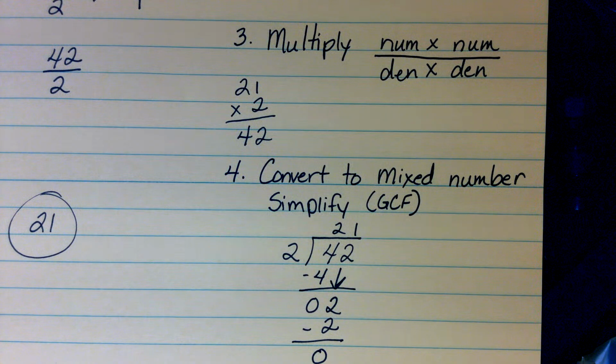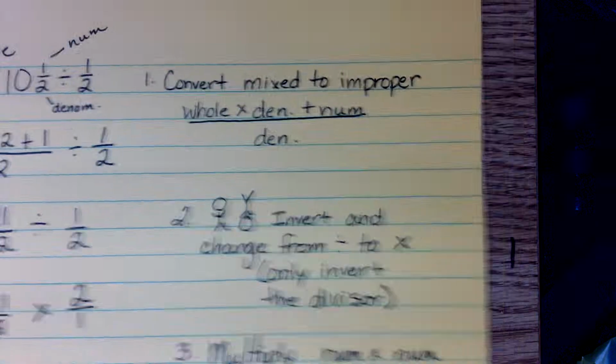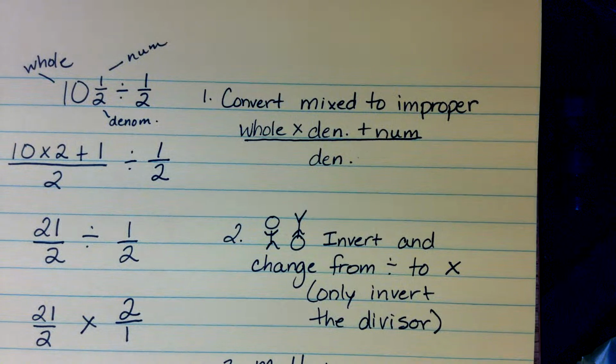So what happens if you have 2 mixed numbers and you're dividing a mixed number by a mixed number? Well, that means you're going to have to convert two fractions. It's not any harder than the previous one. It just means you have to do both fractions instead.